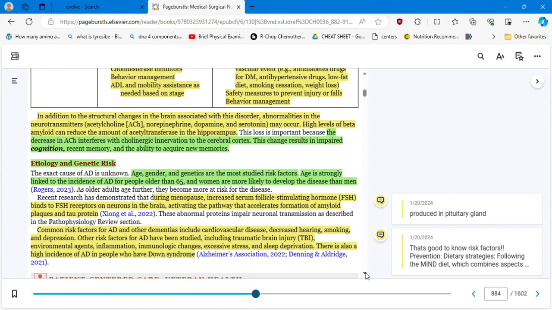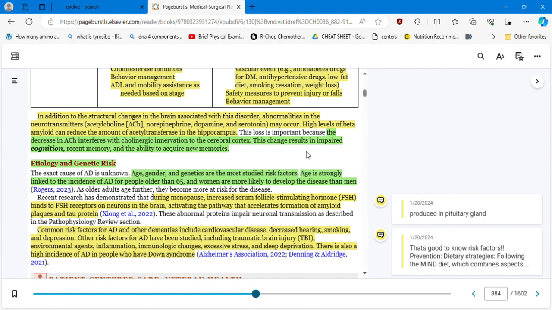In addition to the structural changes in the brain associated with these disorders, abnormalities in the neurotransmitters acetylcholine, norepinephrine, dopamine, and serotonin may occur. High levels of beta amyloid can reduce the amount of acetyltransferase in the hippocampus. The decrease in acetylcholine interferes with cholinergic innervation to the cerebral cortex.